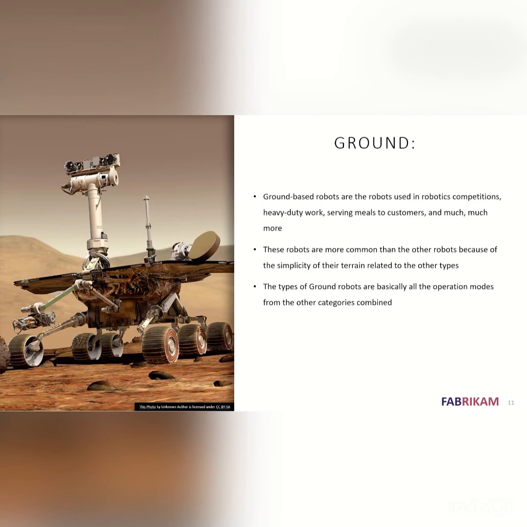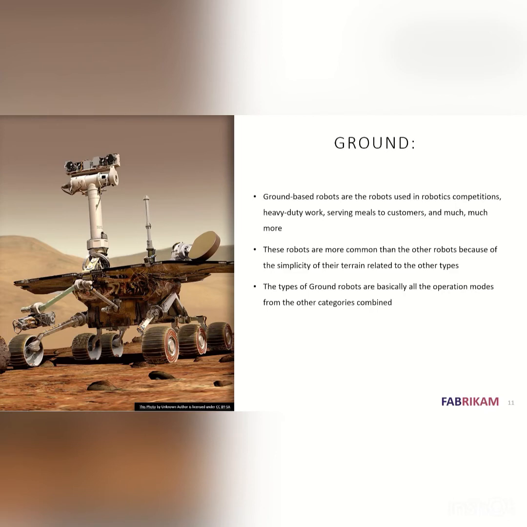They're ground robots because they're on the ground. These robots are more common than the other robots because of the simplicity of their terrain relative to the other types. Aerial and underwater, you don't often see those types of robots. Well, maybe aerial, you might see drones a lot. But space robots, you don't often see them because they're mostly in space. You can rarely see them on the ground.